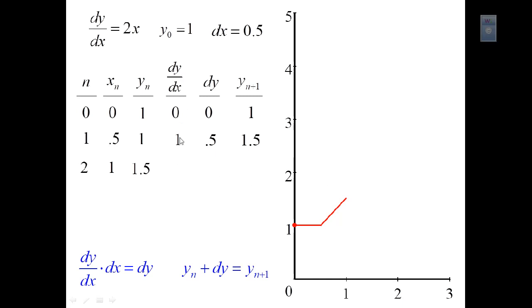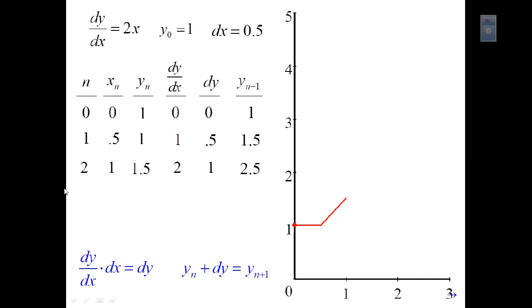Now, go through and find dy dx for this point. We're going to plug in 1 up here to get 2 times 1, which gives us 2. And then 2 times 0.5 is going to give us a dy value of 1. And then 1.5, the old y value, plus the change in y, gives us the new y value of 2.5.